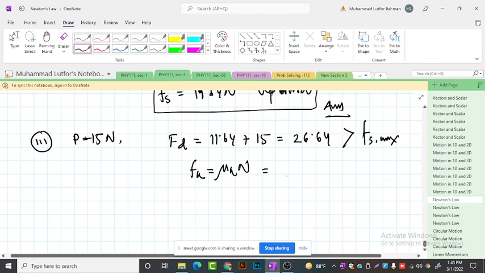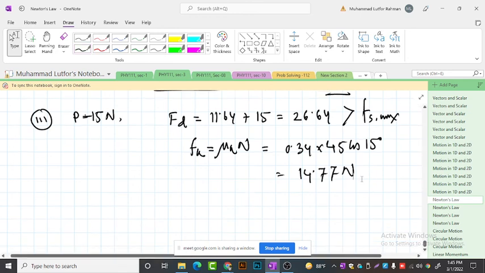So in that case it would be 0.34 into mg cos theta, which is 45 cos 15 degree. You will find out that Fk would be 14.77 Newton. That is the frictional force on that system.